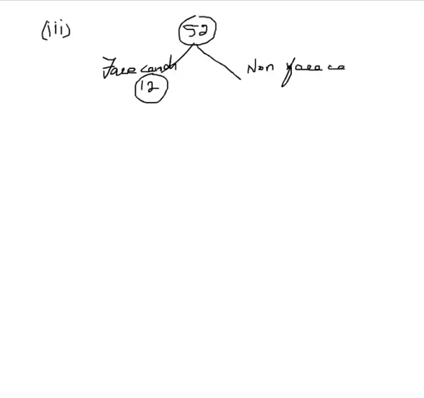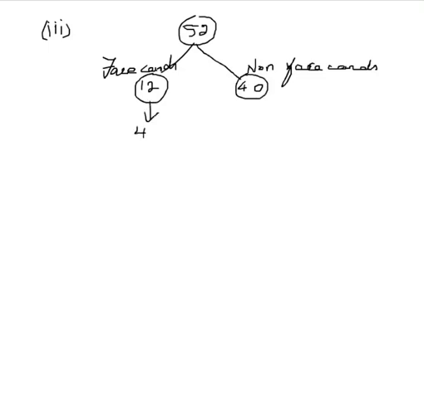Third subdivision. In how many of these are all 4 cards face cards? In a pack of 52 cards, we have 12 face cards. In each suit, we have king, queen, jack. These are the face cards. So 4 into 3, 12. Non-face cards, 52 minus 12, 40.